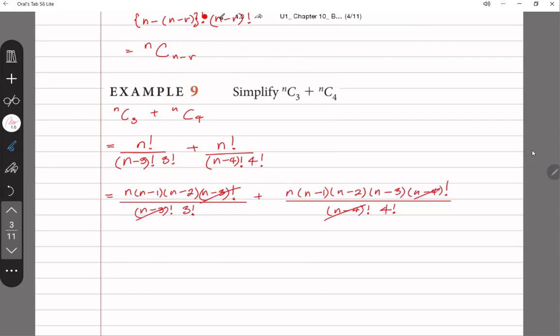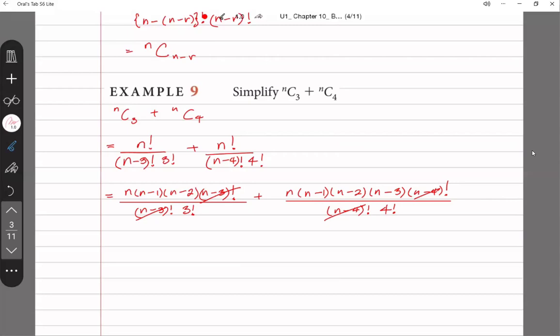So in the numerator, what I have common is n into (n minus 1), (n minus 2). If I'm adding or subtracting fractions and the denominators are different, I must find the LCM.